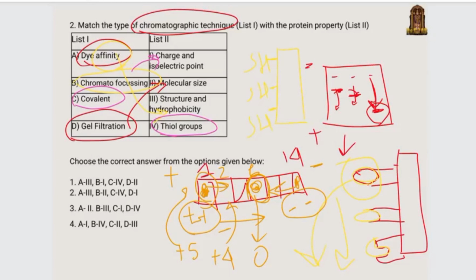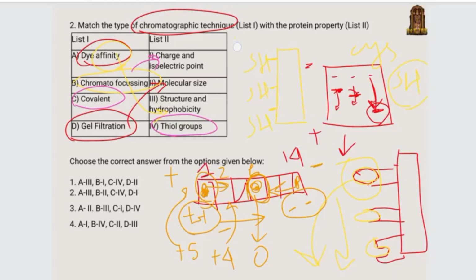And we all know that the amino acid cysteine in a protein has a thiol group. It might not be free, if the protein is in a very condensed form. It can form a disulfide bond inside the protein, but there will be chances of having an SH group in the protein.